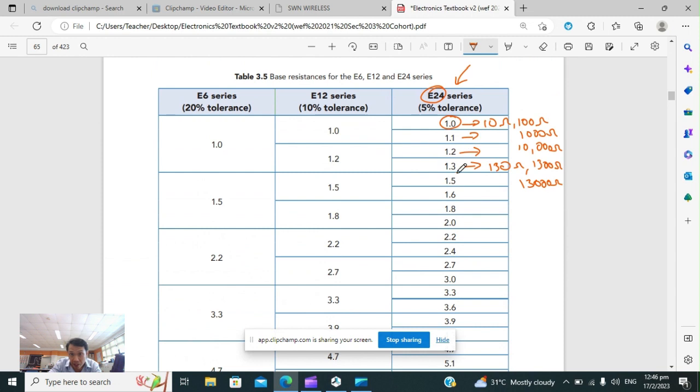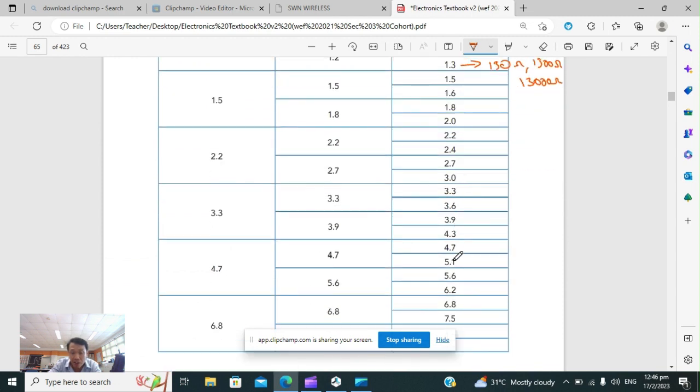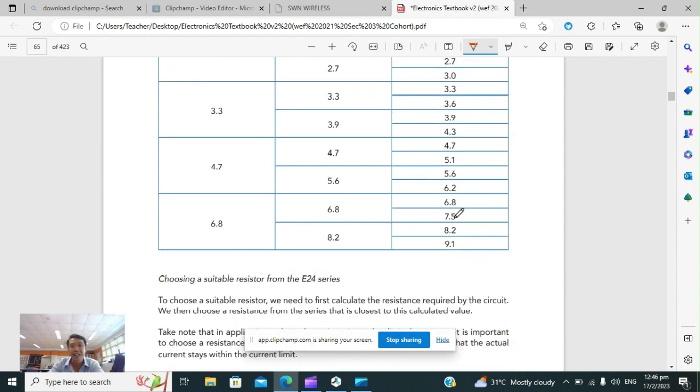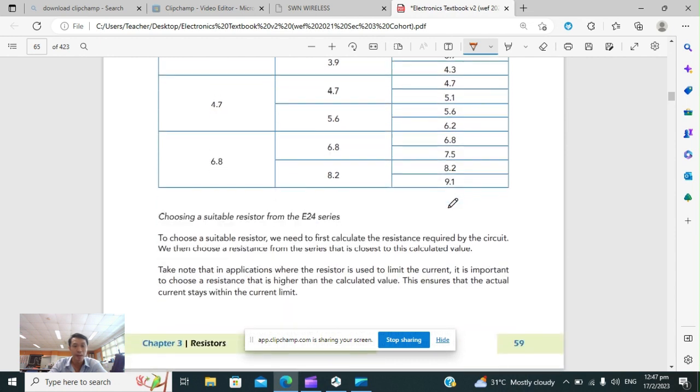I'll come to the E24 series and I only have a 7.5, or I have a 6.8. I can't go to a shop and say, I want to buy 50 pieces of 7K ohm resistor, simply because they don't sell it. They don't sell it because they don't manufacture it. They only manufacture 6,800 or 7,500. They don't manufacture or sell exactly 7,000 ohms.